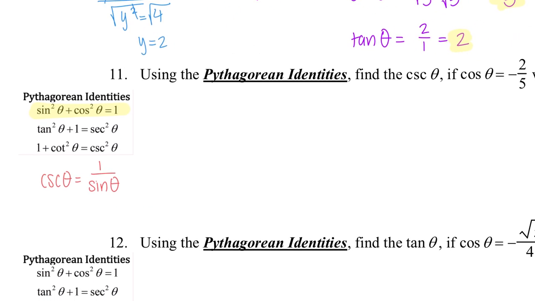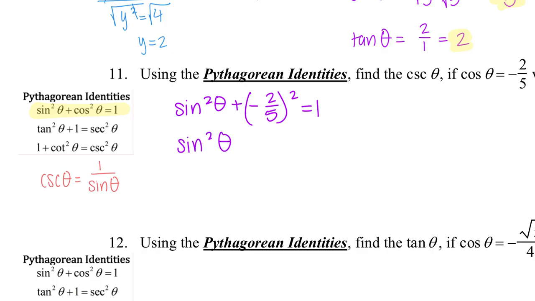So plugging in what I have, sine squared theta plus negative 2 over 5, keep in mind it's squared, equals 1. So now I'm going to have sine squared theta plus 4 over 25 equals 1. I'm going to subtract 4 over 25 to both sides of my equal sign.